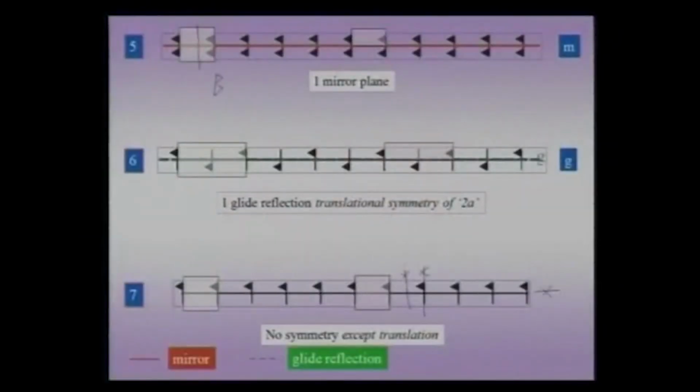Number 2, the loss in symmetry could be so extreme that even if the original lattice had quite a bit of symmetry, like in this case MMM symmetry, the loss could be so severe that you are just left with translational symmetry. That means the motif could be so irregular, or as in this case it happens to be the shape of a flag, it does not conserve any of the symmetries of the original lattice, and therefore I have lost all my mirror planes, but as long as the translational symmetry remains, I can call it a crystal.